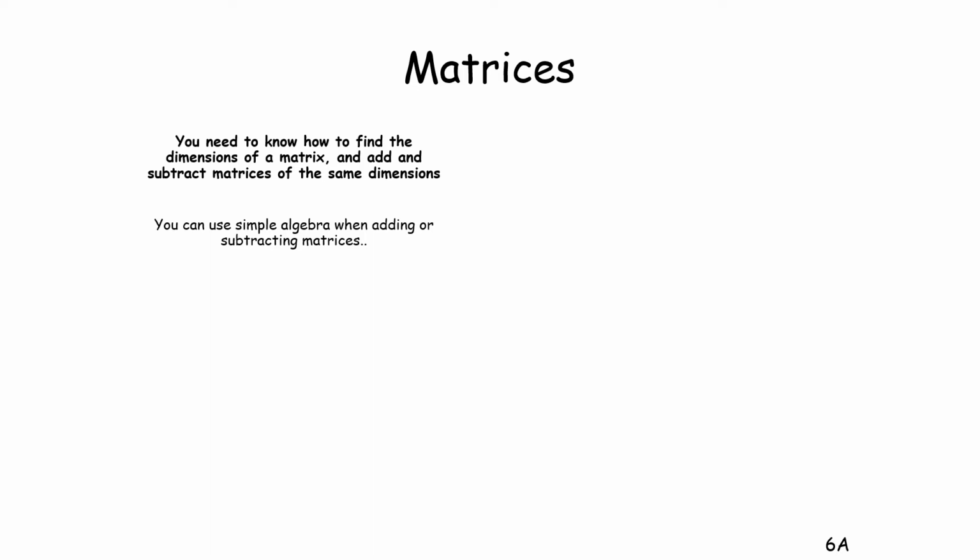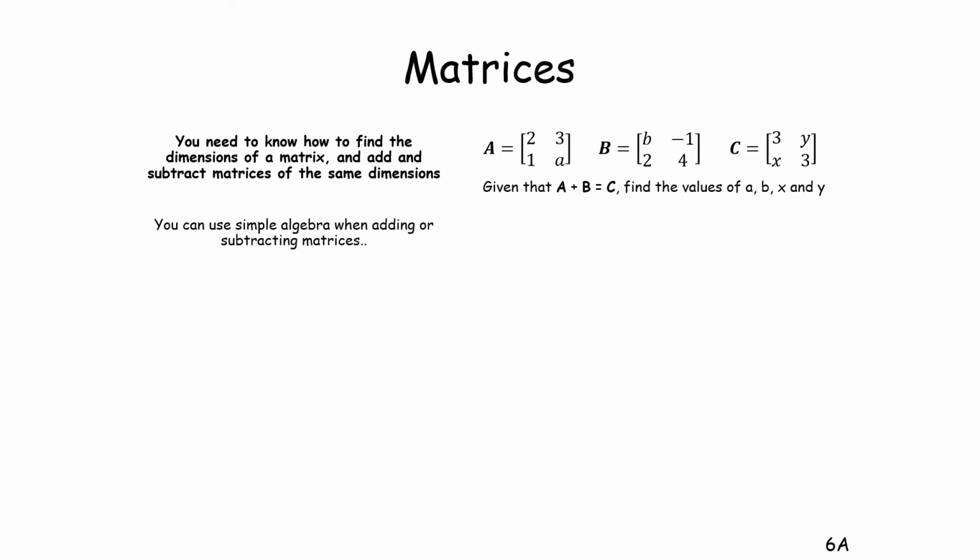So you can use simple algebra when adding or subtracting matrices. If we have matrix A, matrix B, matrix C, given that A plus B equals C, we want to find the values of A, B, X and Y. So we substitute it in.